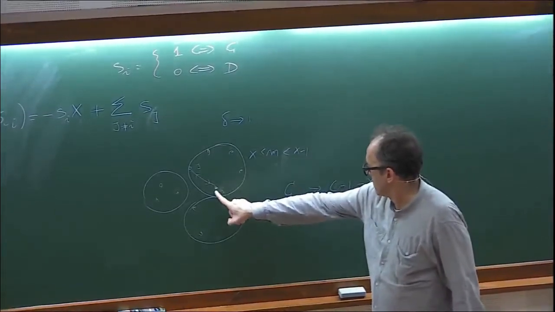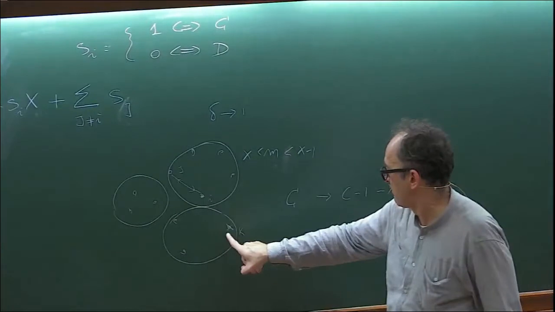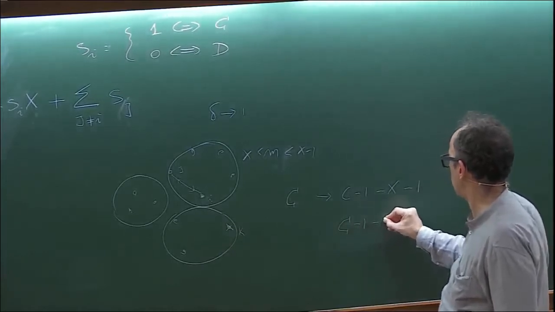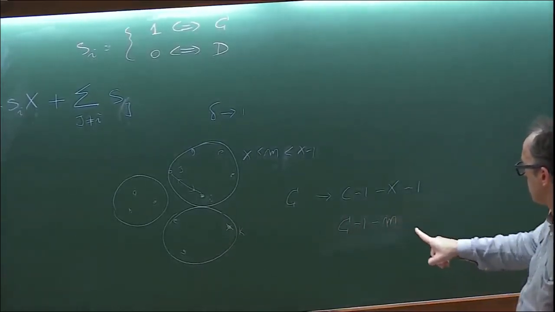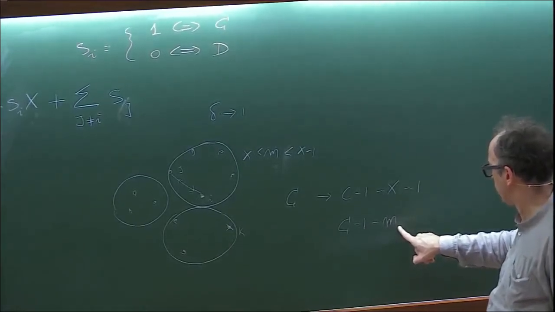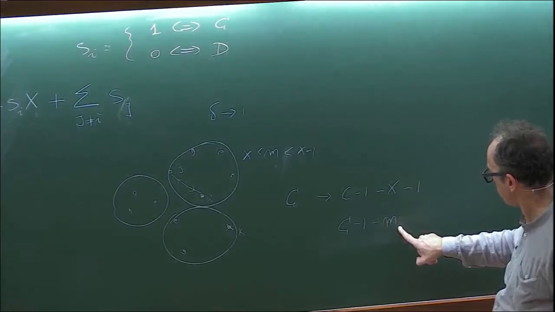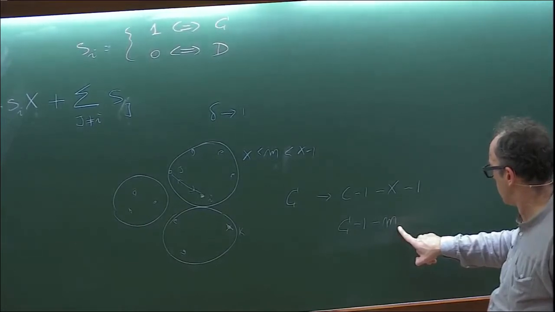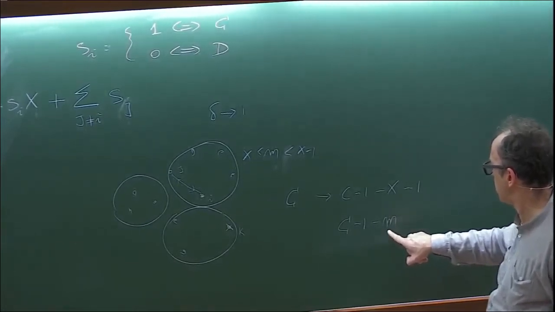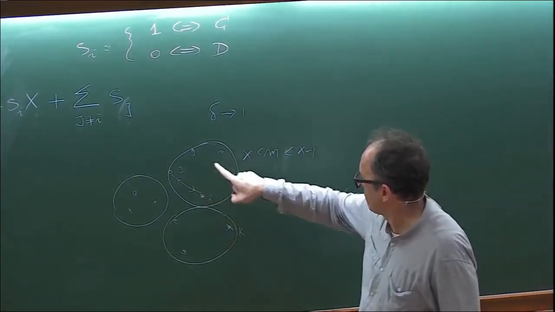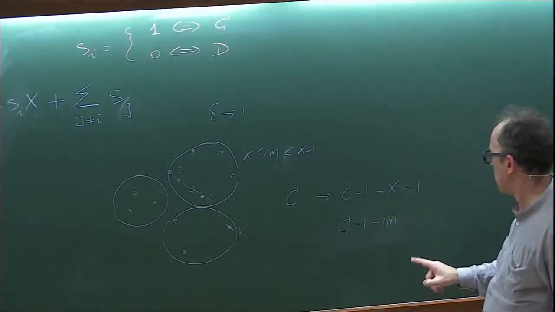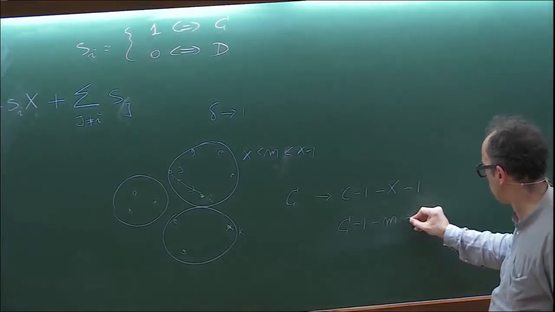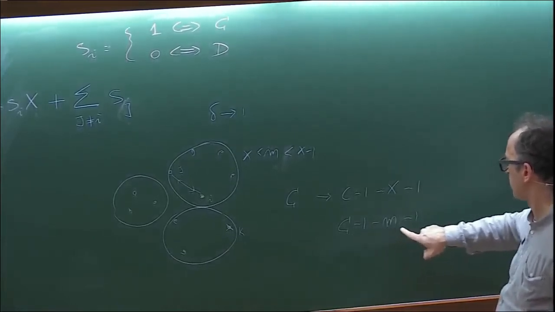But if I decides to defect and to punish K, then he will get C minus 1 minus M, so there will be M people that also stop cooperating, and he will get also C minus 1 minus M minus 1.